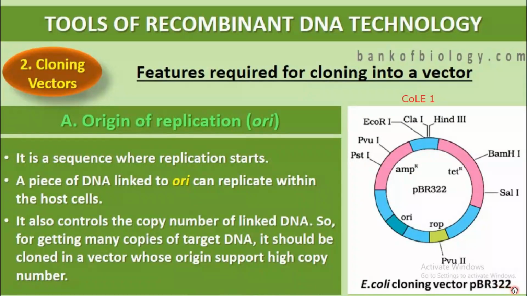Then 322 is the number that distinguishes it from other plasmids. pBR322 is regarded as the workhorse for gene cloning. p stands for plasmid, B for Bolivar. I'll write these names here, then it is easy to understand. B stands for Bolivar.